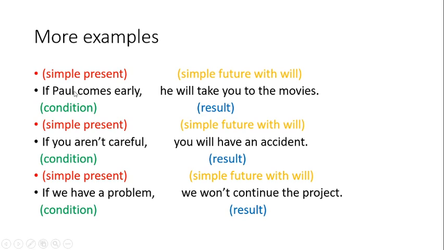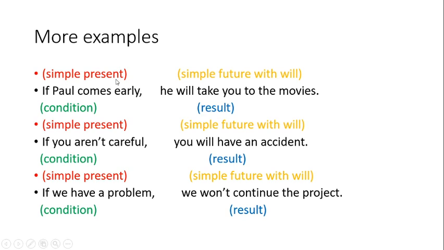For example, here you can see how I use the condition in if Paul comes early. So we have the condition first with the if clause. We separate using the comma, right? The comma indicates that this is the end of the if clause or the dependent clause.